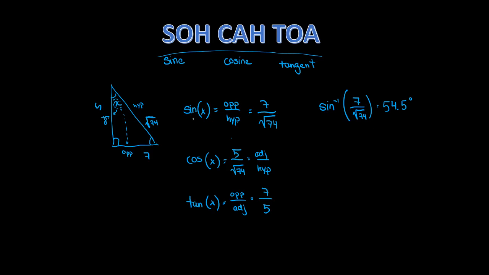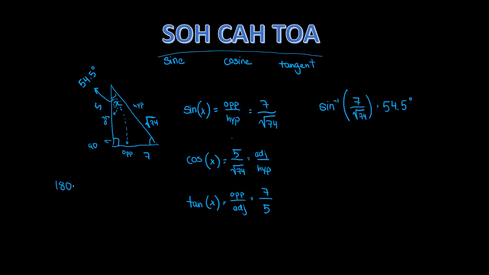So I just figured out that this angle x is equal to 54.5 degrees. Now I could do the same on this side, using opposite over hypotenuse, adjacent over hypotenuse, or opposite over adjacent, and then find the inverse.